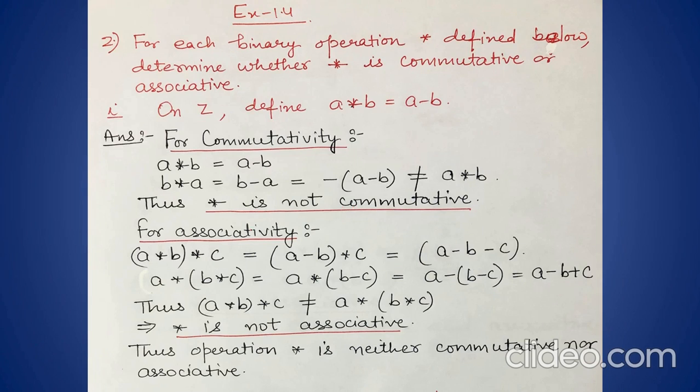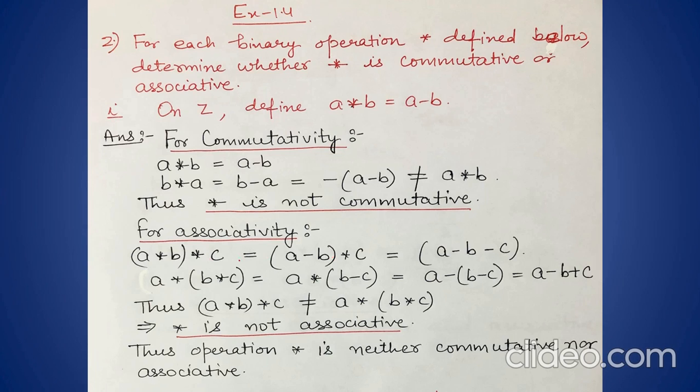Now we check for associativity. तो associativity के लिए क्या condition है? Bracket A star B star C should be equal to A star bracket B star C. Now here we check first bracket A star B star C that is equal to A star B will be bracket A minus B by definition of binary operation.